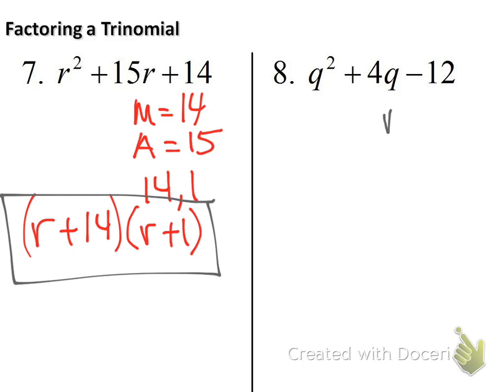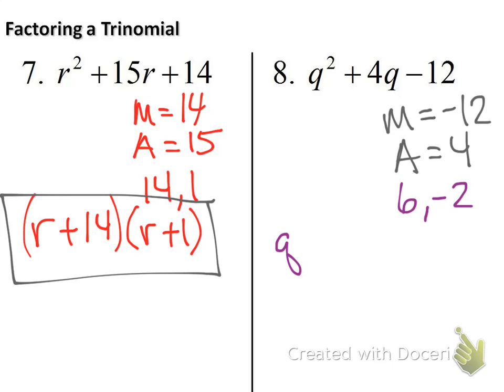All right, number 8, my multiply number. My add number, 4. Anyone know the combination? 6 and negative 2? Good. So q plus 6, q minus 2. Do I need to do anything else?